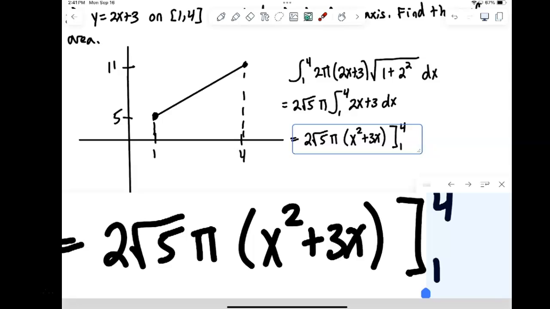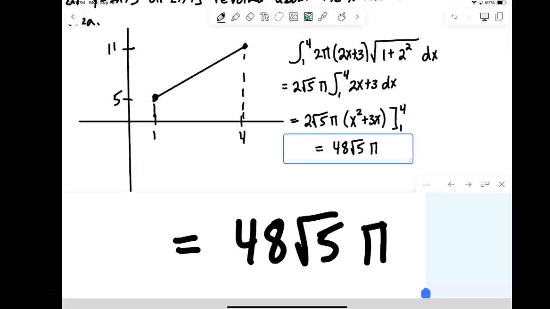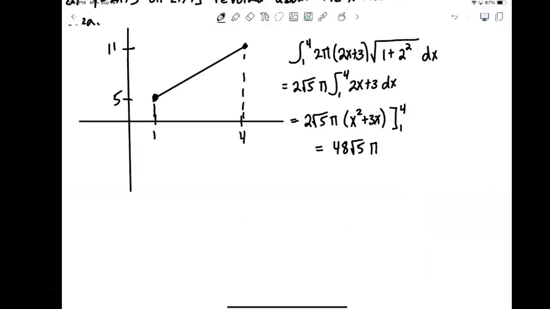And so all that stuff is going to be attached to the square root of 5 and the pi. That way I keep my answer exact. 48 square roots of 5 times pi would actually be the surface area of that frustum.